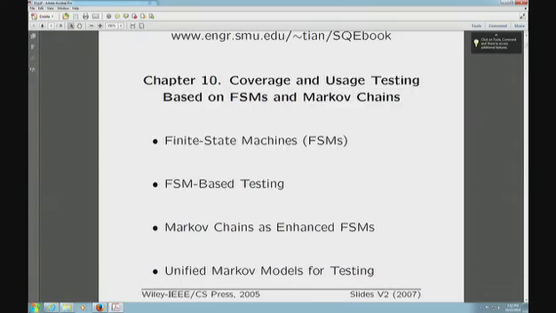So we said, well, maybe we can do something by trimming down the states with hierarchical models, or sometimes by looking at the sum of states. But if you purely do hierarchical models, you may be missing some of the important things, because some parts may be very important and should be tested more.